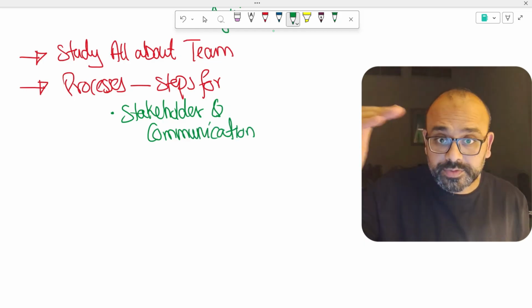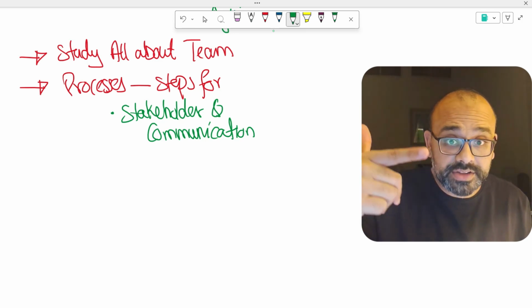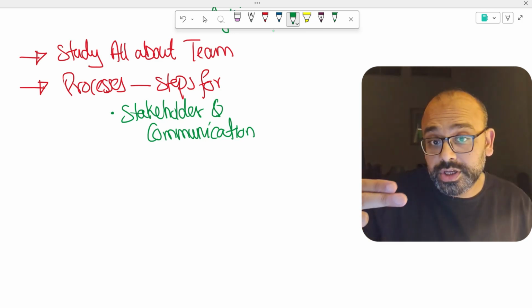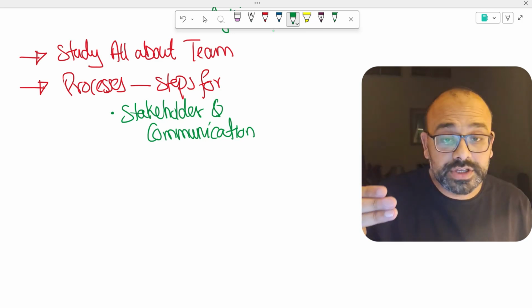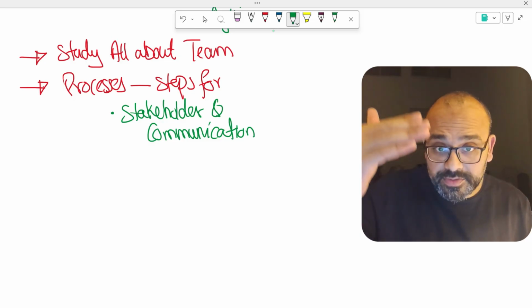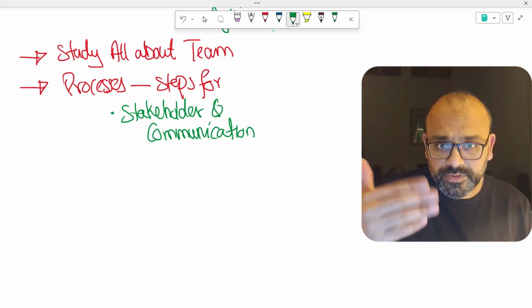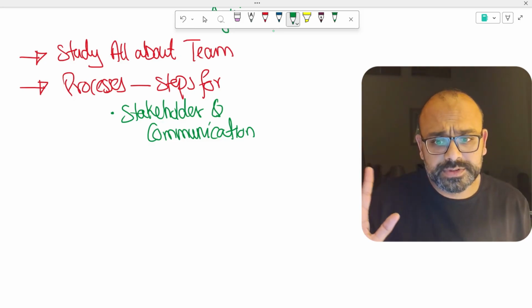What are the steps for stakeholder management? You identify the stakeholder, you do the analysis, you document in the stakeholder register. Every step you need to know. 5-6 steps. It should be on your fingertips.